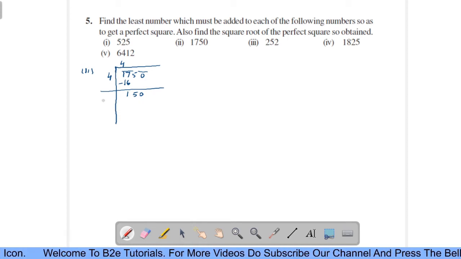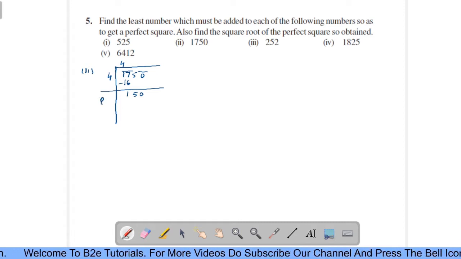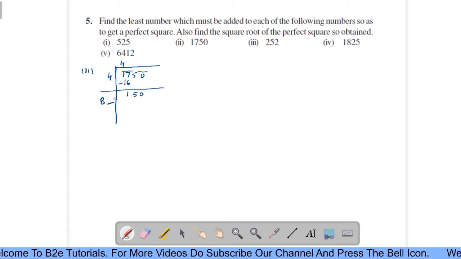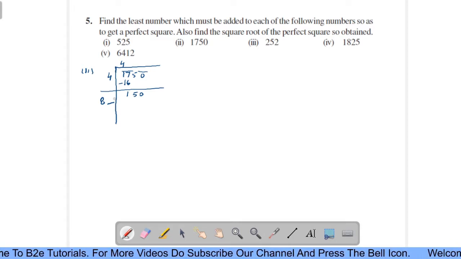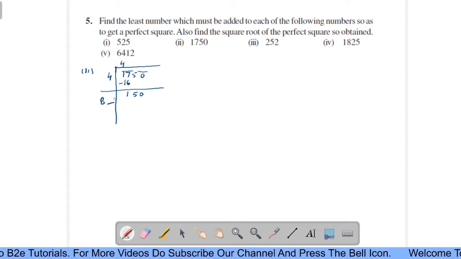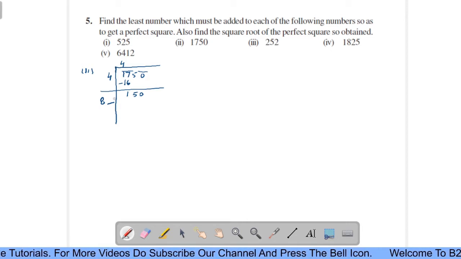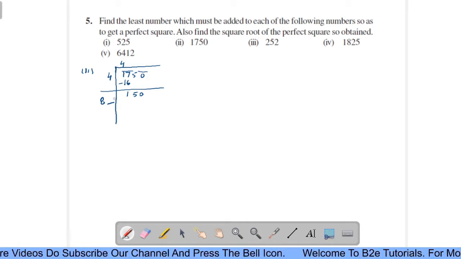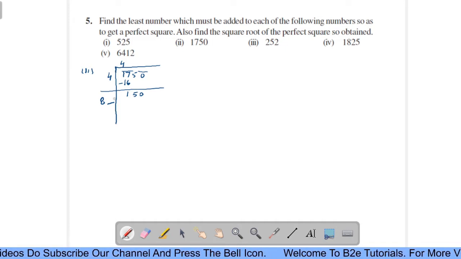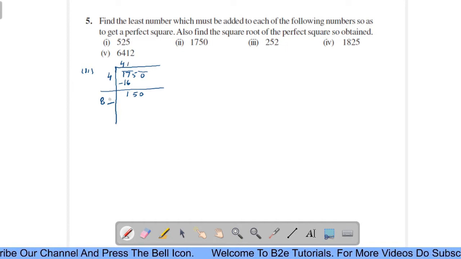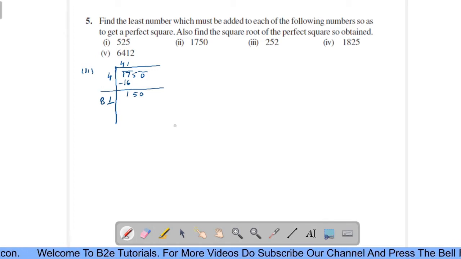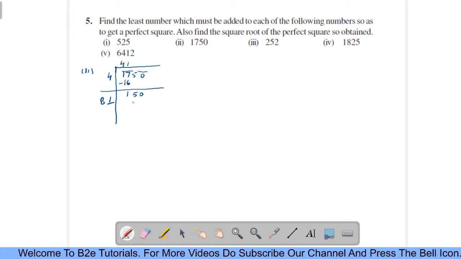Now 4 plus 4, it is 8. Now how many times will it go? We have to write the largest number which when multiplied by the new number so formed is equal to 150 or less than 150. It will go 1 time. Here 81 multiplied by 1 is 81.